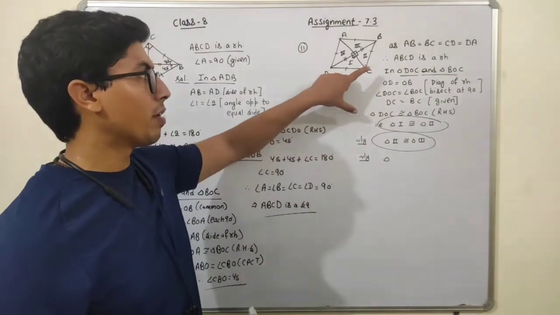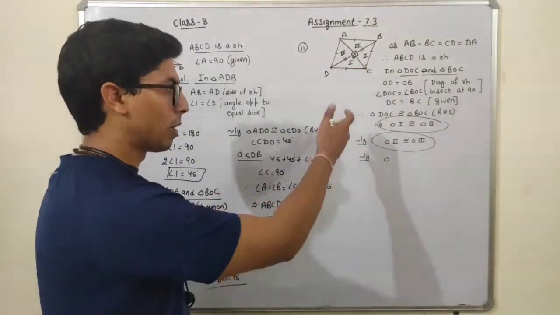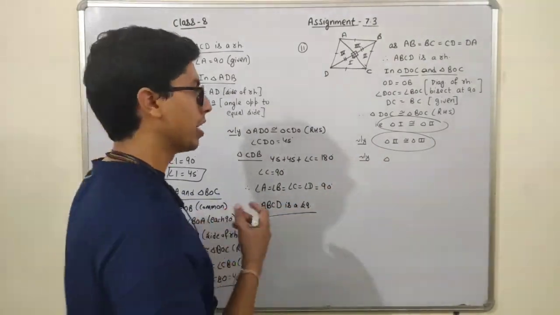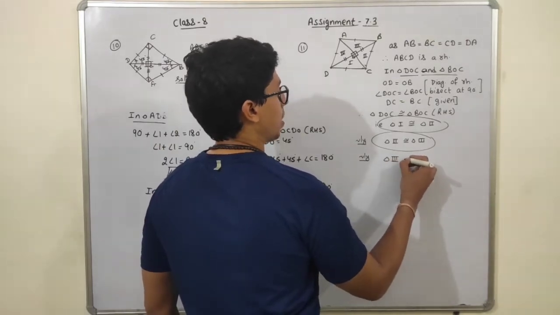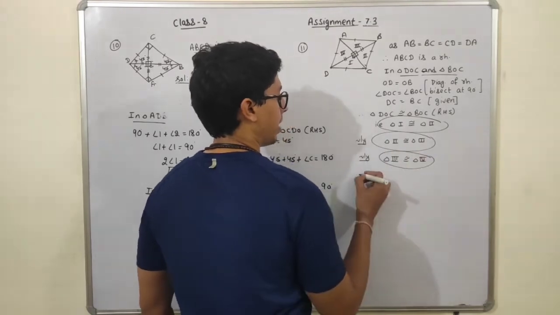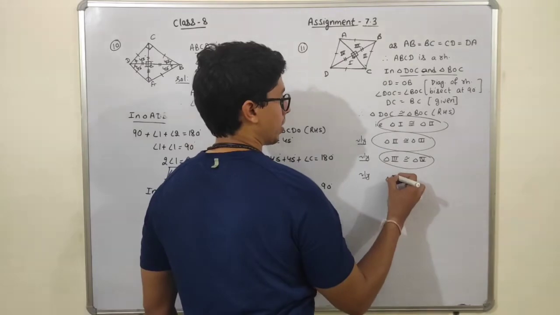See, no need to write this congruency rule for each of them in the paper. Okay, you can just write similarly and use the same way that I am using now. Similarly, triangle third is congruent to triangle fourth, and similarly, fourth will be congruent to first.